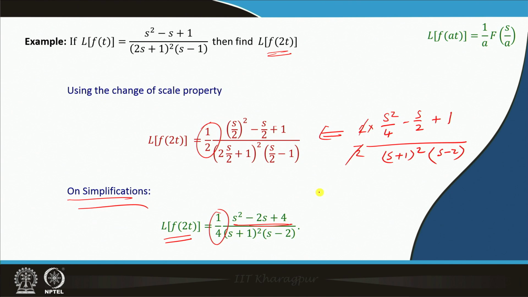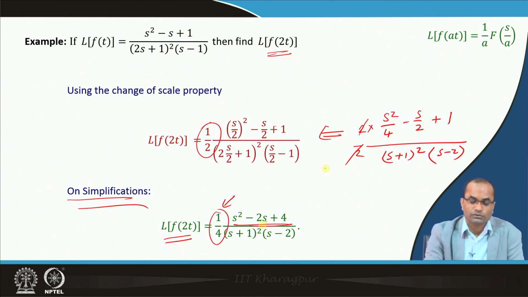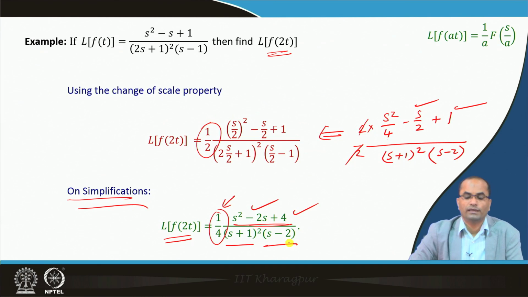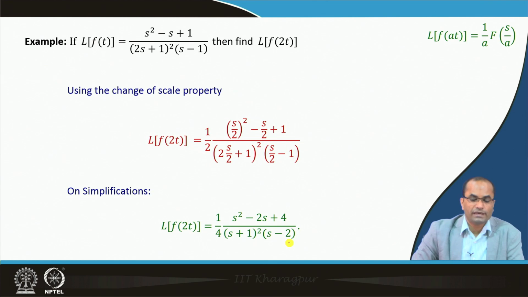So, this 2 gets cancelled and this 1 by 4 we take common. So, we get (s square minus 2 s plus 4) over ((s plus 1) square into (s minus 2)). So, it was a very simple application of this scaling property.